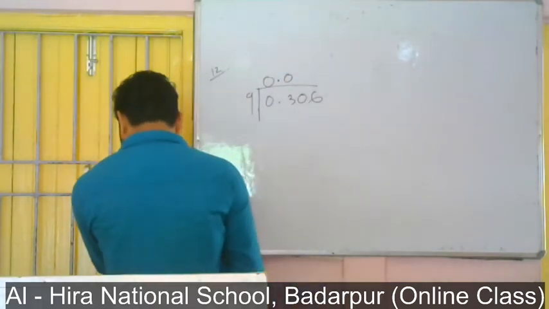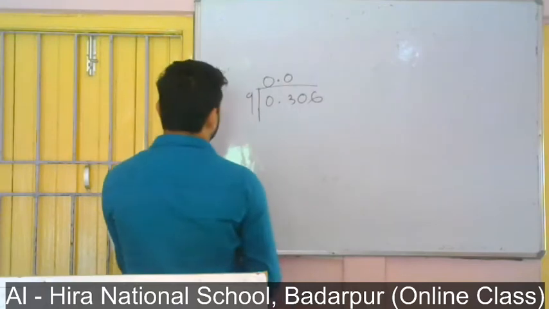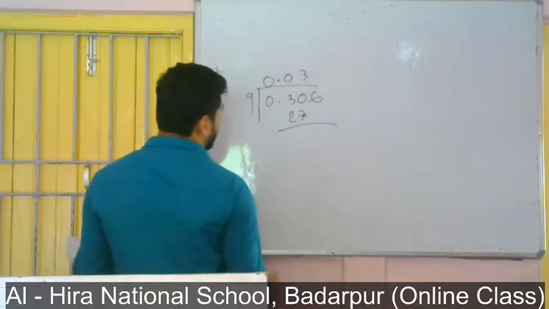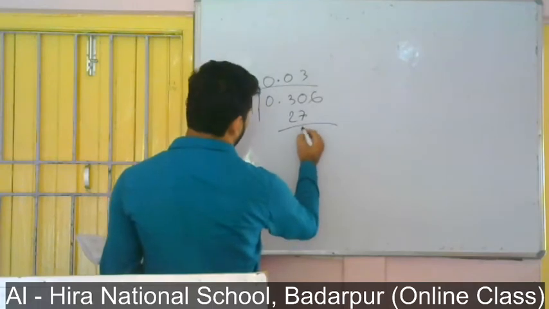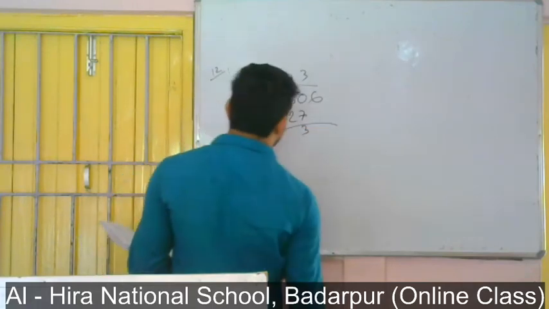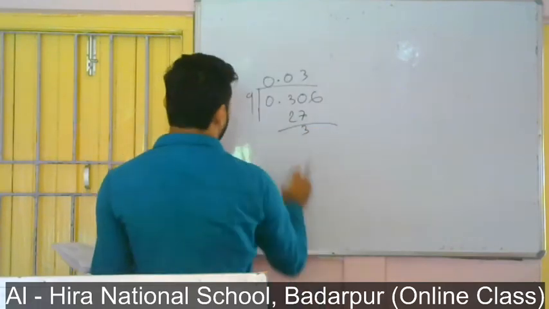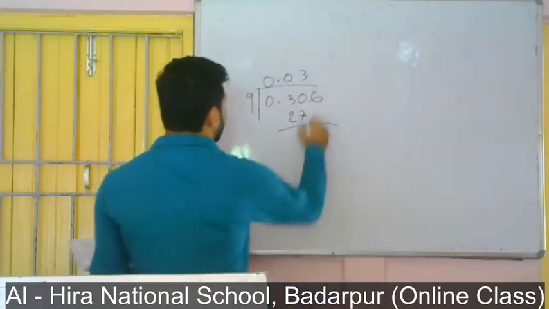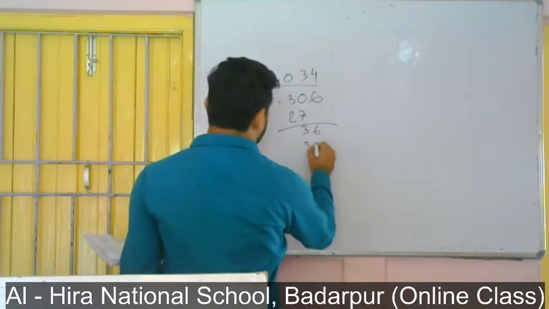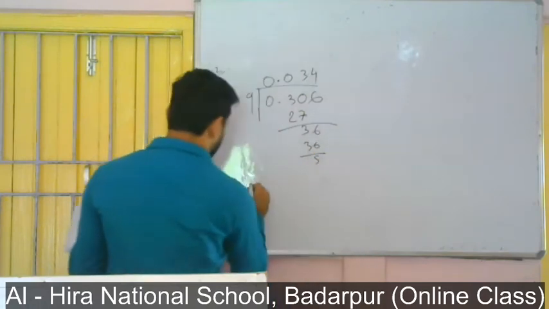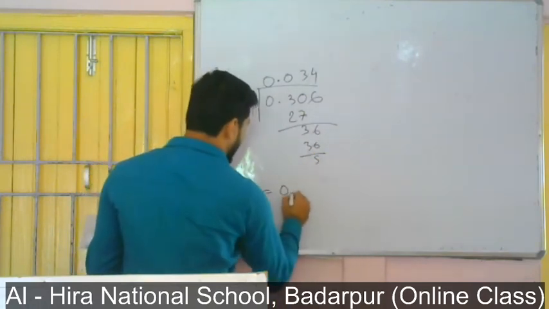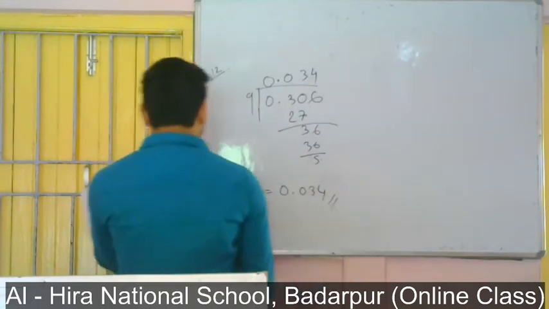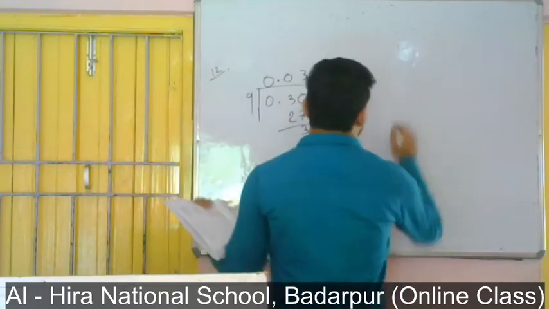So now you can divide this one. 3 9s are 27. Then if I subtract, I will get 3. This is not divisible, so we will take 6, then 9 4s are 36. So quotient equals 0.034.